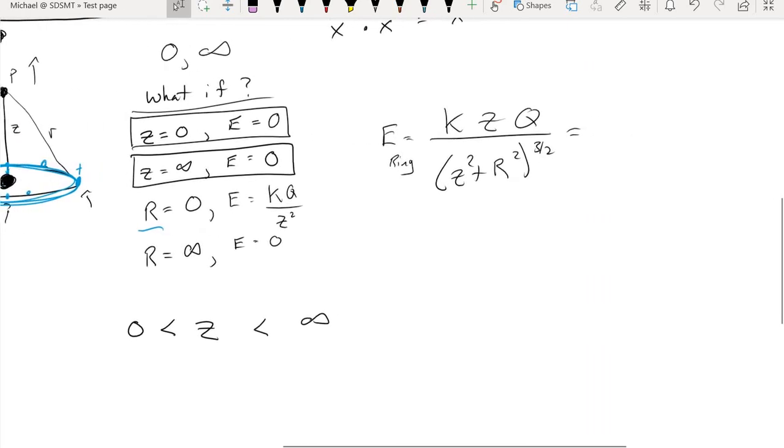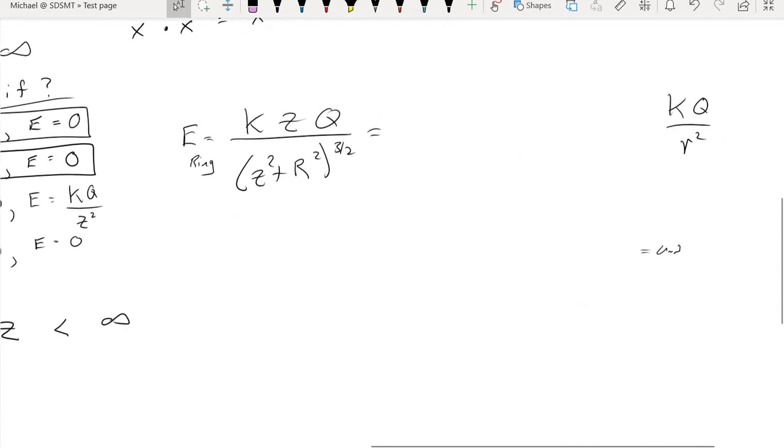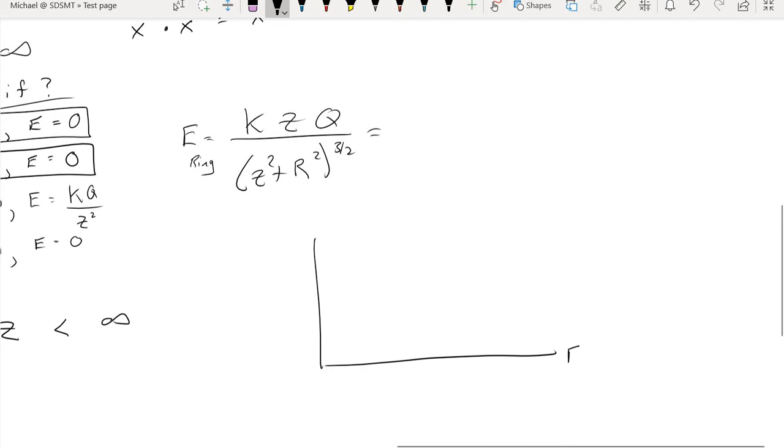My big question is, if we are in fact going from 0 to 0, let's see if we can graph this. We have an expression here, or a function, which is starting at, oops, that should be on this axis here.